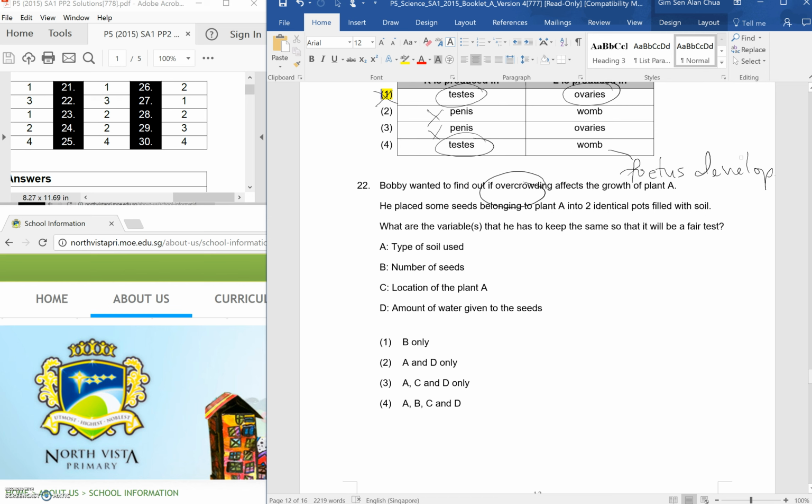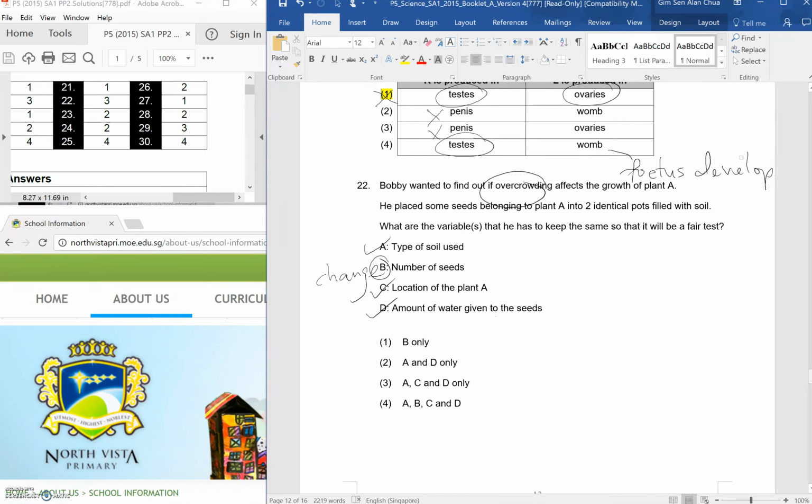Type of soil, probably we'll keep it the same. Number of seeds, if we put a lot of seeds together, it's very crowded. Put very few seeds together, it's less crowded. So probably we want to change this. Location of the plant must be the same, and the amount of water must be the same.